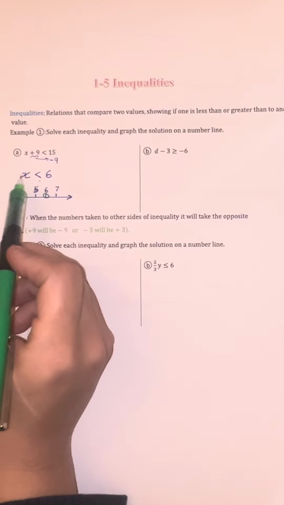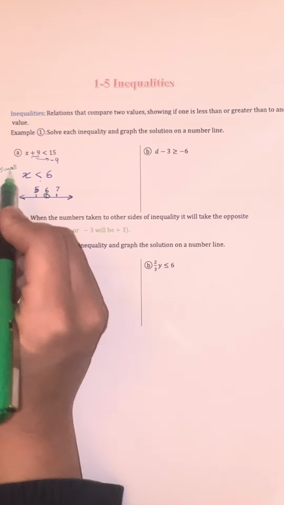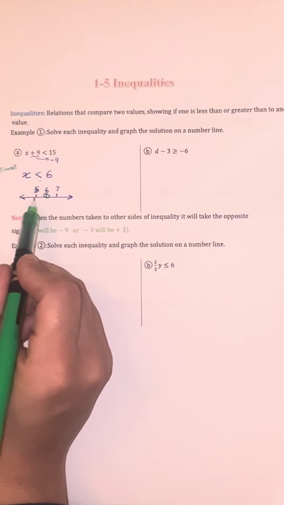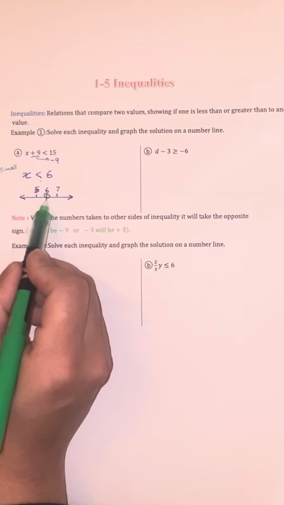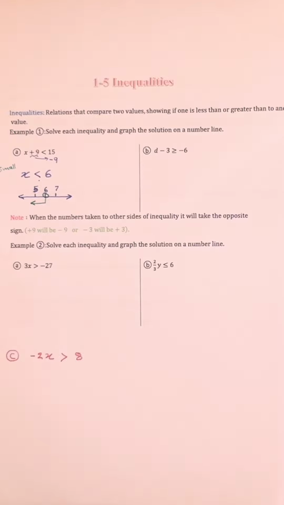Then x less than 6, that means x is smaller than 6. Which side is smaller than 6? Of course 5 and 4, 3. Then I will go toward this side. So the numbers less than 6 will be the solution for this inequality.